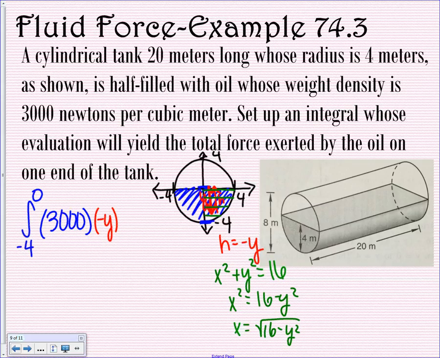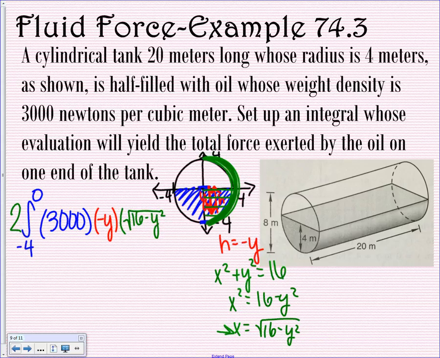Now, this equation is for only our positive x values, which is this side of the circle only. And so we need to figure out for both the third and the fourth quadrant, but this equation here is really only talking about the part that's in the fourth quadrant because that's where our fluid is. So we're going to need to multiply by 2 to be able to use just the square root of 16 minus y squared.